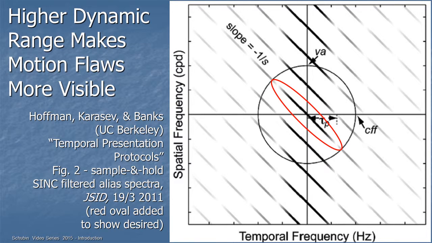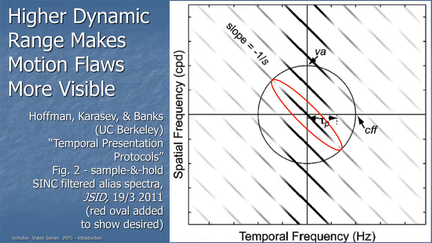Here's another interaction between dynamic range and frame rate. Now, this is a chart that appeared in an article in the Journal of the Society for Information Display, and it was originally about stereoscopic presentation, but it's still important for our purposes, even ignoring the 3D aspect. The horizontal axis is temporal frequency or frame rate.